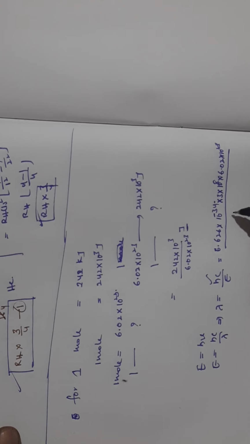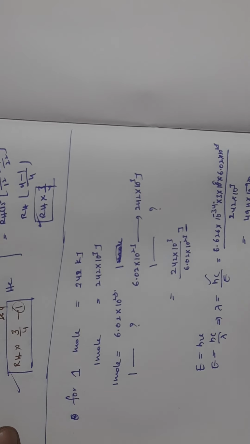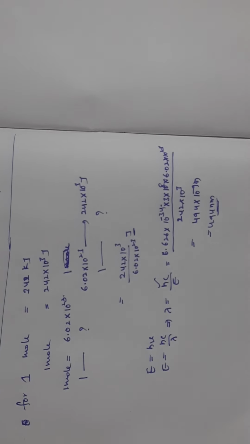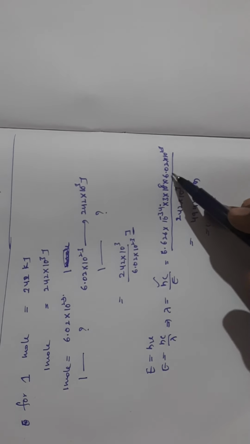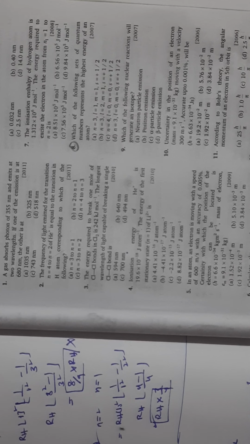So E value is how much there? 242 into 10 to the power of 3. If you simplify all these, you will get 494 into 10 to the power of minus 9 meters, which is 494 nanometer. So this is the answer. 494 is the answer.